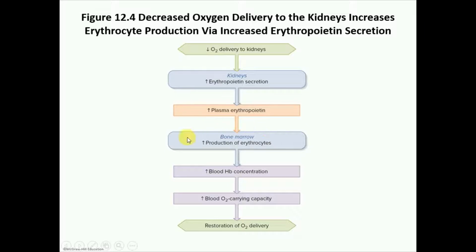Erythropoietin circulates to the bone marrow and increases the production of erythrocytes. That is going to bring your blood hemoglobin levels up and restore the oxygen levels back to normal.